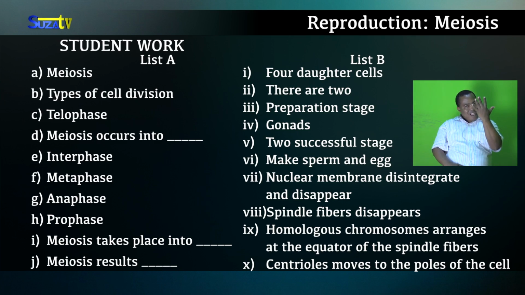Number 5, 2 stages. 6, make sperm and egg. 7, nuclear membrane disintegrates and disappears. 8, spindle fibers disappear. 9, chromosomes arrange at the equator of the spindle fibers. 10, centrioles move to the poles of the cells. That's all, my dears.